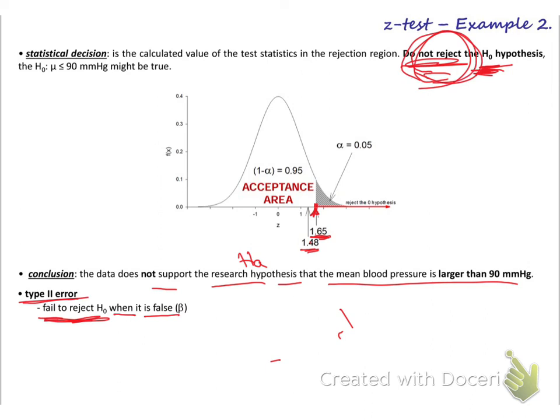This will be a very small amount, but it is still available because this is just a probability. Even if it is a very small percentage, 0.001 or something, it's still available. This is the type of error where we fail to reject H naught although it has some data which is false. That's called type B, type 2.